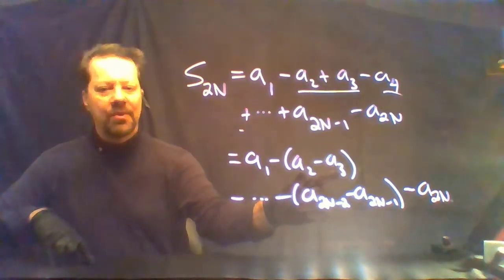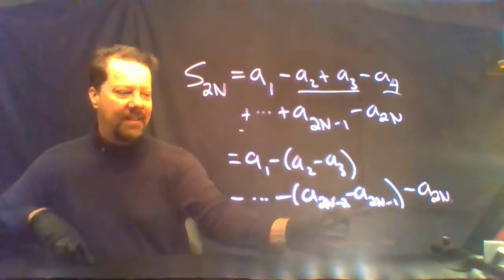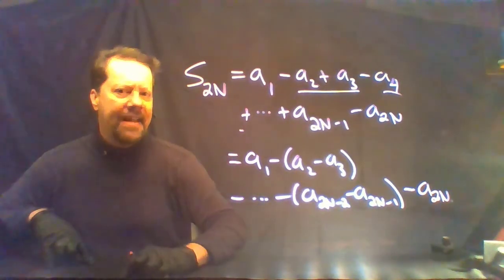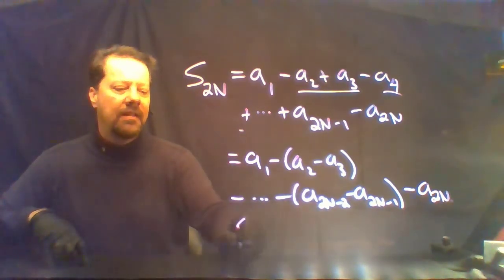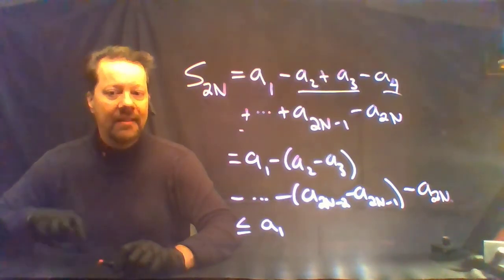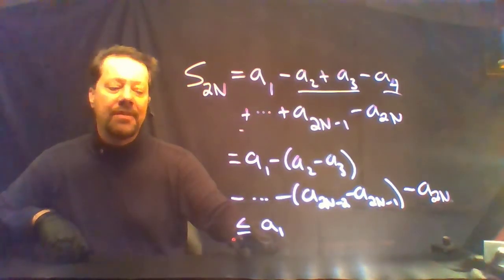So by subtracting a positive value from a1, we get something smaller, and then something smaller still. That means that the sequence of even partial sums is no bigger than a1. That means the even partial sums, we said already, is monotonically increasing, but it must also be bounded.